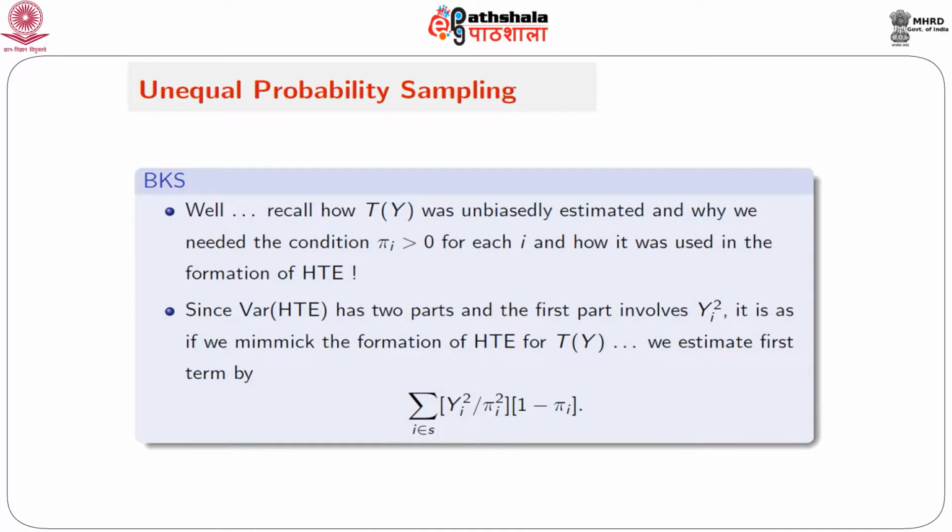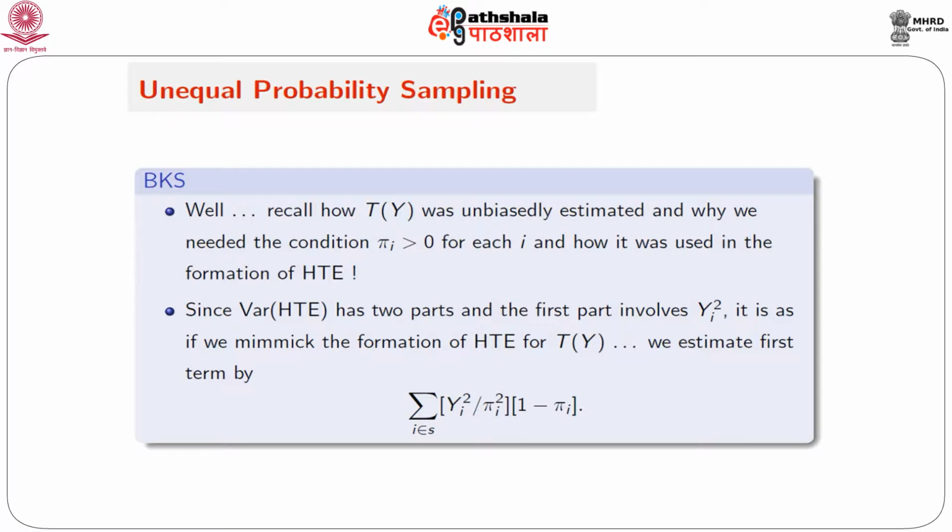Well, recall how the population total was unbiasedly estimated and why we needed the condition pi i strictly positive for each i, and how it was utilized in the formation of the Hurwitz-Thompson estimator. You pointed out that Ty, which is summation yi, can be expressed as summation yi over pi i times pi i.